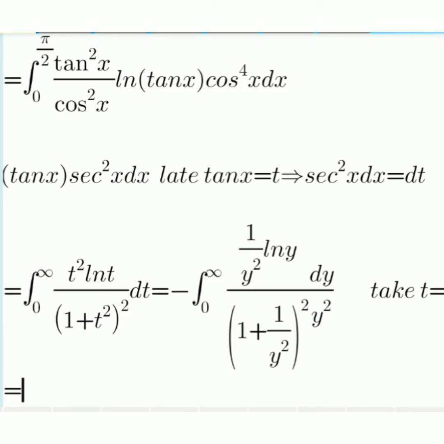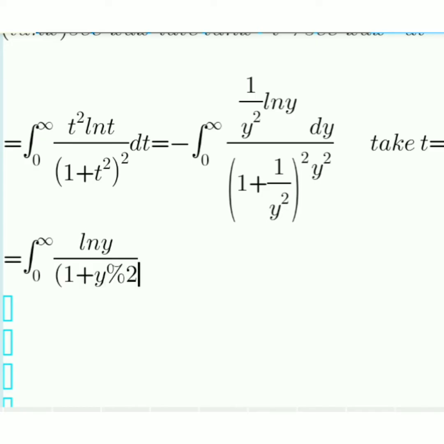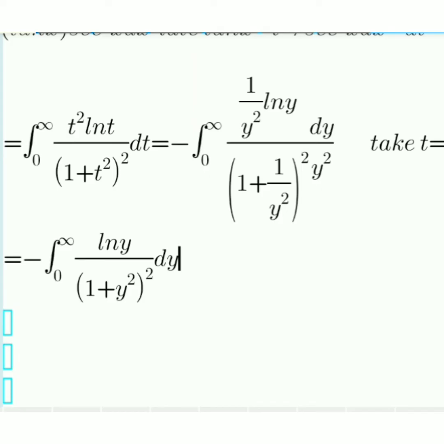So whatever I get: 0 to infinity ln y over 1 plus y square, whole square, and dy, and it should be written with a minus.